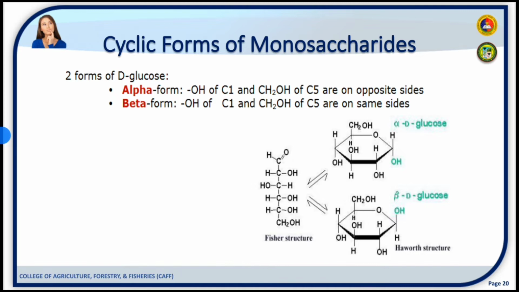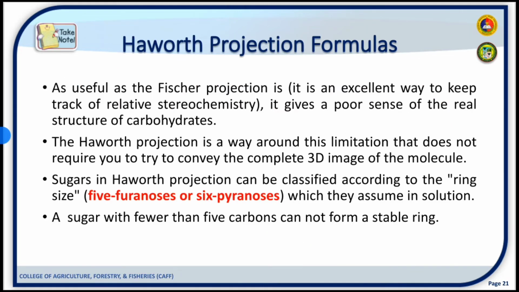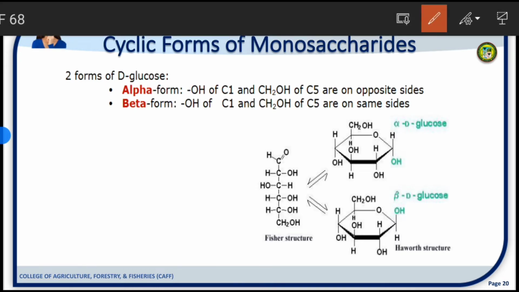The first one, we have the alpha form. So you can see the OH of carbon 1, okay, let me just put a mark on that. You have the OH of carbon 1, right? And the CH2OH of carbon 5 are on opposite sides.